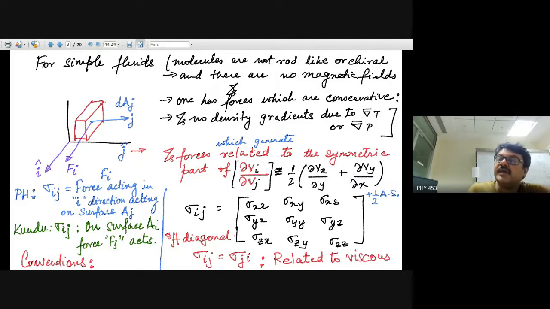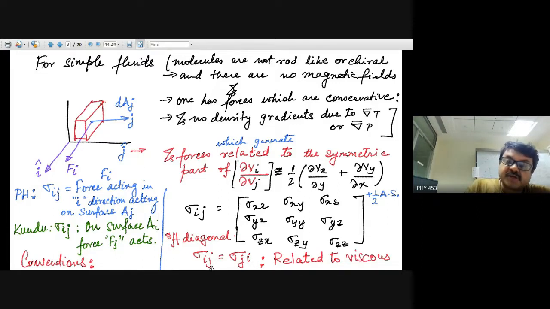Just to remind you, any del Vx del y can be rewritten as a symmetric part and an antisymmetric part. We saw in the past that the symmetric part of the velocity gradient tensor causes pure deformation without any rotation, whereas the antisymmetric part causes rotation without deformation, right? So we are going to relate the viscous forces to the symmetric part.